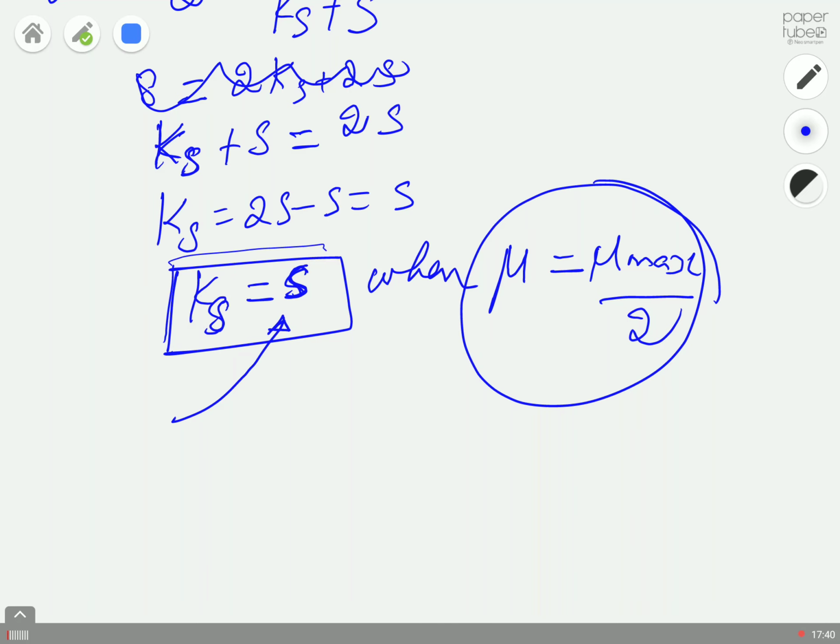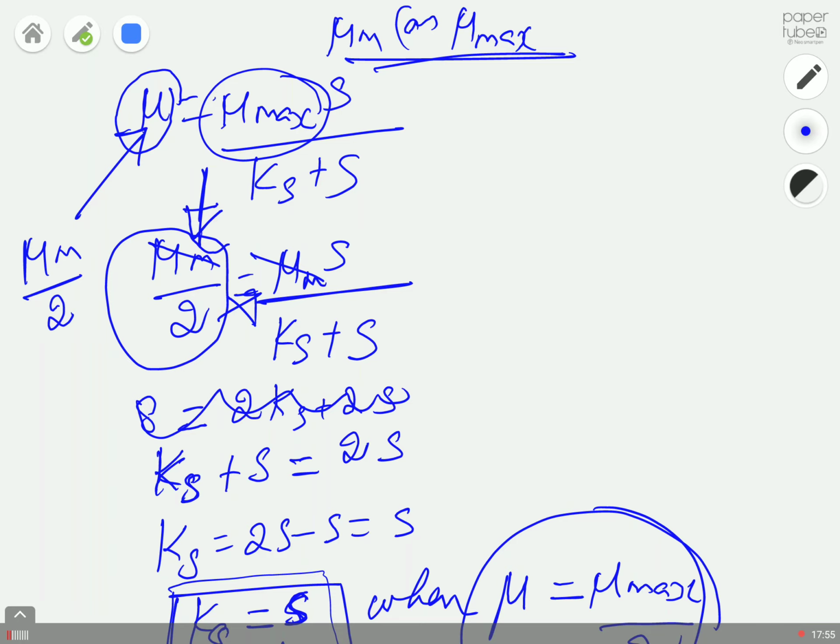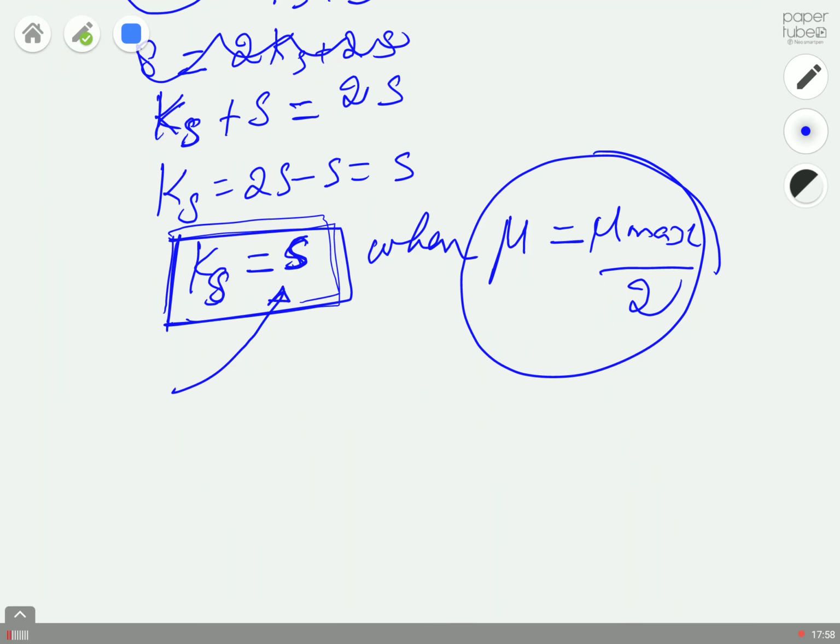We assumed your specific growth rate is exactly half of your maximum specific growth rate, and when we solve, this is what we get. Ks will be equal to your substrate concentration when mu will be equal to mu max by 2. This is the theoretical meaning of this Ks value, the Monod kinetic constant.